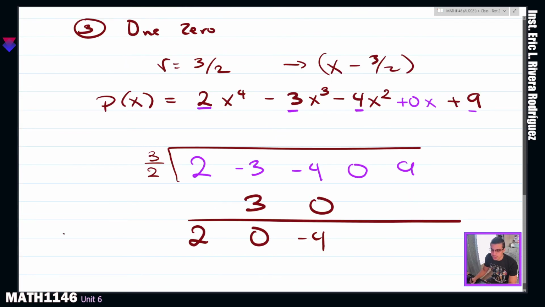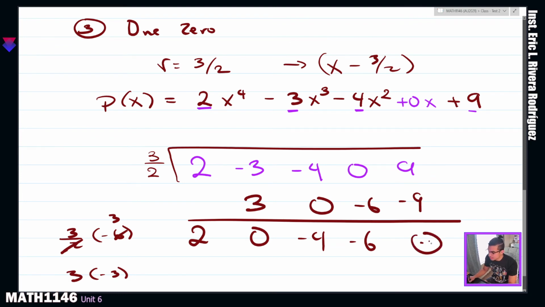Now 3/2 times -4, we cancel the 2 with the 4, so it's the same as 3 times -2, that gives me -6. We add and we get -6. We go up and multiply: 3/2 times -6, we cancel the 2 with the 6 and we get 3, so 3 times -3 equals -9. Going down, we add and we get 0.